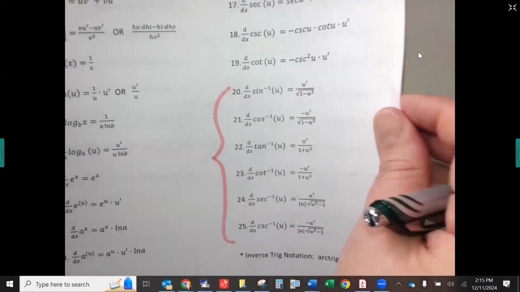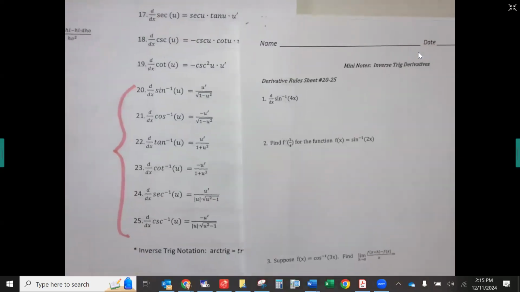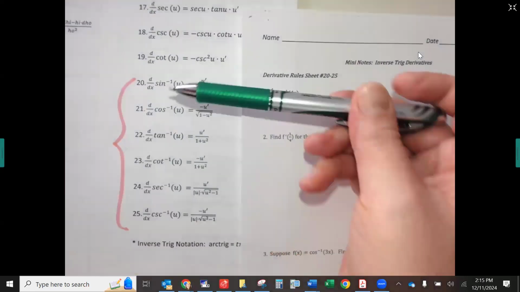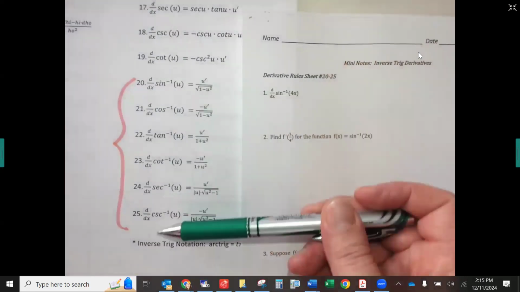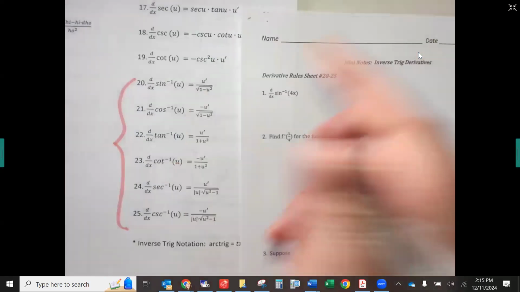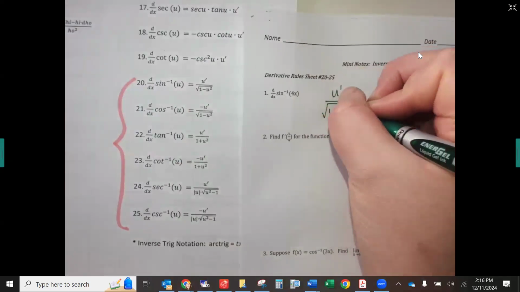Okay, so on your little example sheet that I gave you, we're gonna do number 1. So first question, this is an inverse sine. What formula number am I using? Number 20, very good. I want you to write down the formula is u prime over square root of 1 minus u squared.